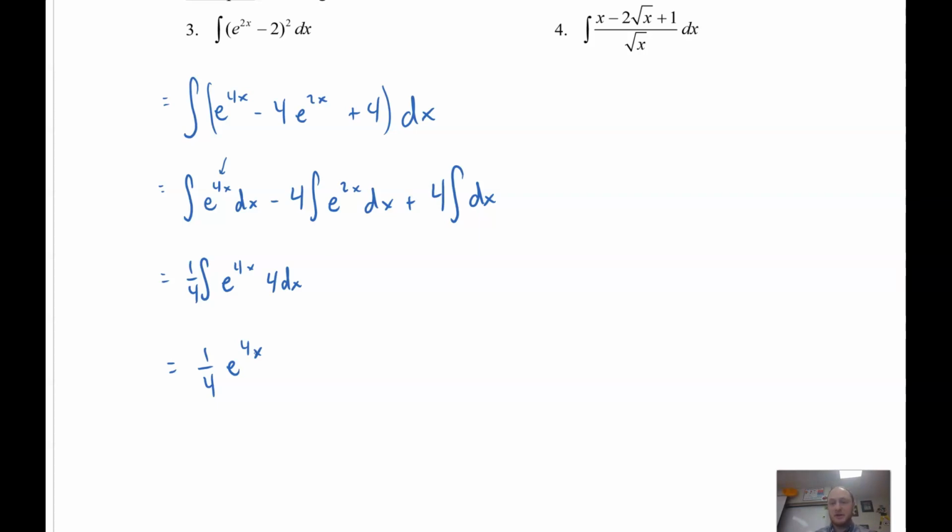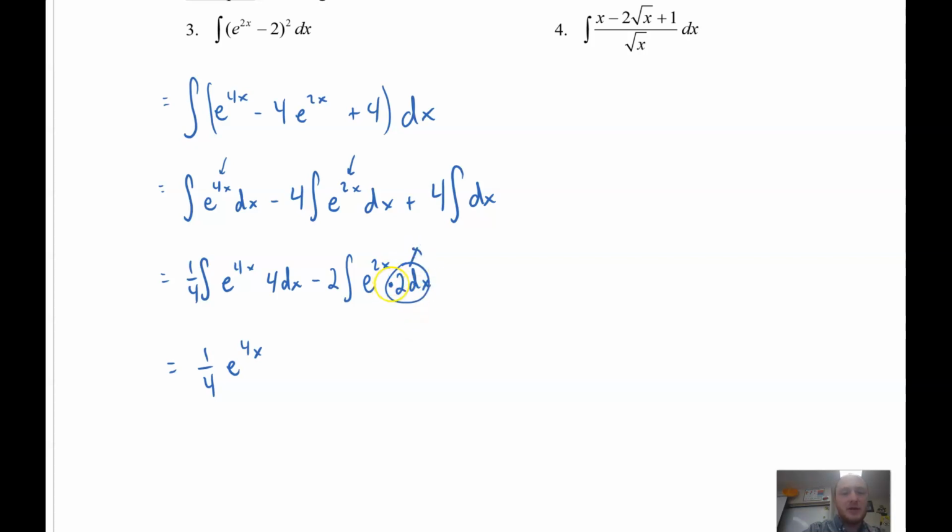All right, because the integral of e to the x is e to the x, right? Minus, same thing here. I need a hook of 2 to integrate that e to the x problem. So notice I have a 4 out front, so I'm going to split that 4 to be a 2 times 2. So I have 2 times the integral of e to the power of 2x times 2 dx, and then there is your hook.